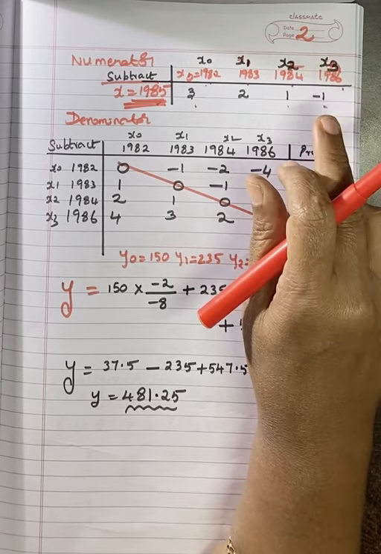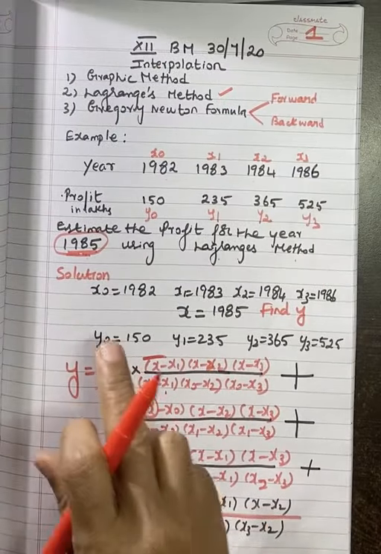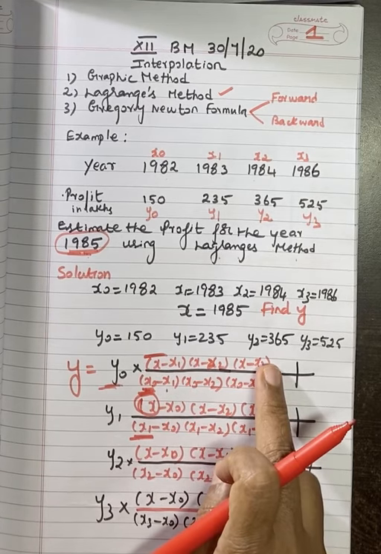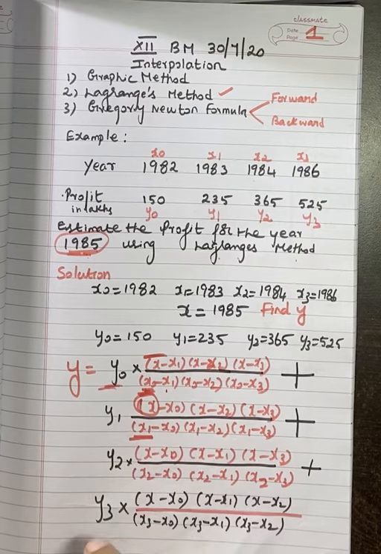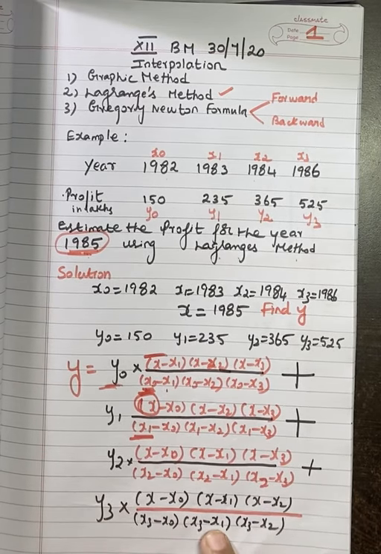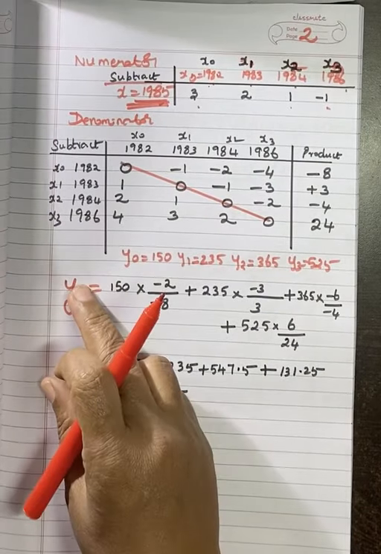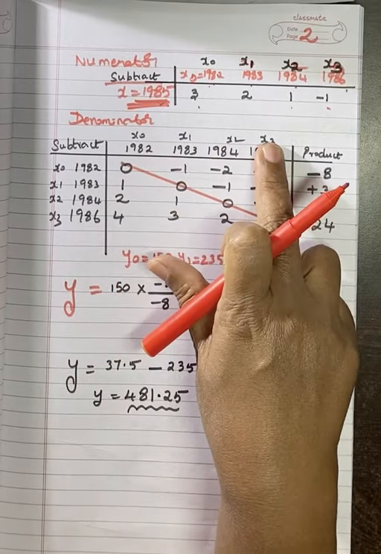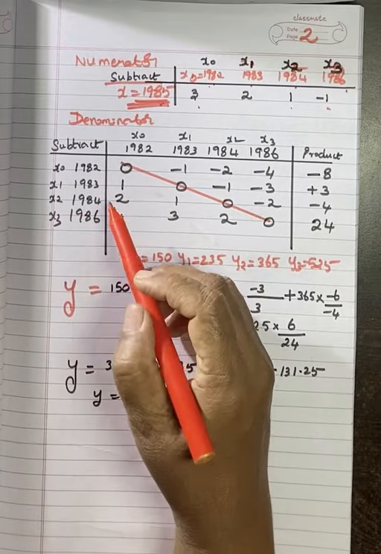So very simple. For the denominator, let us check. In the first denominator, we have X0 minus. In the second denominator, X1 minus. In the third, X2 minus. In the fourth, X3 minus. So in the denominator I don't want X; I want X0, X1, X2, X3 and X0, X1, X2, X3, only subtraction.